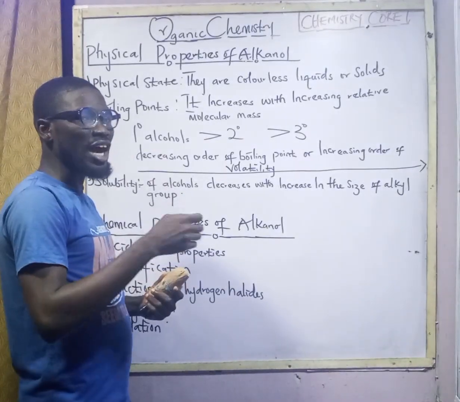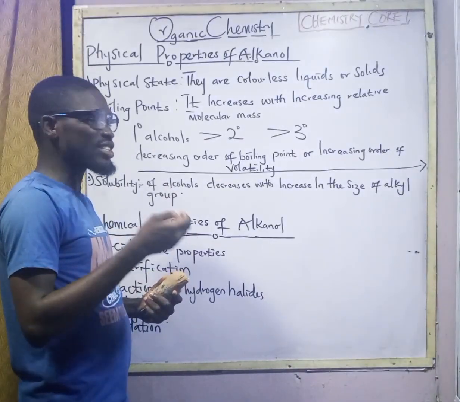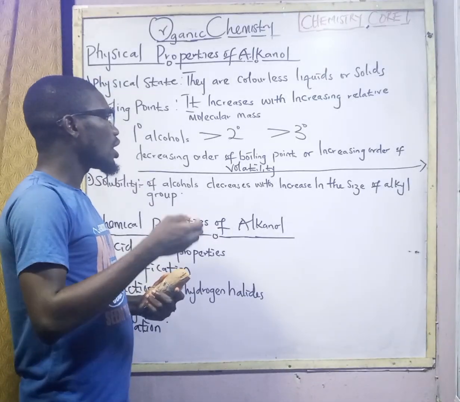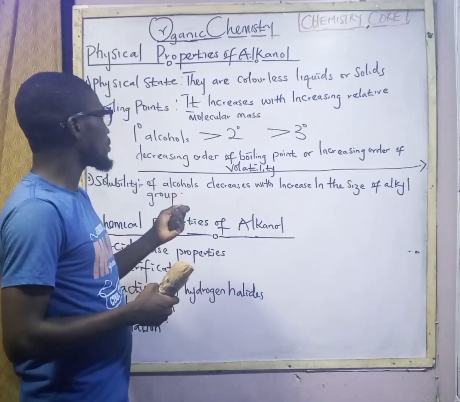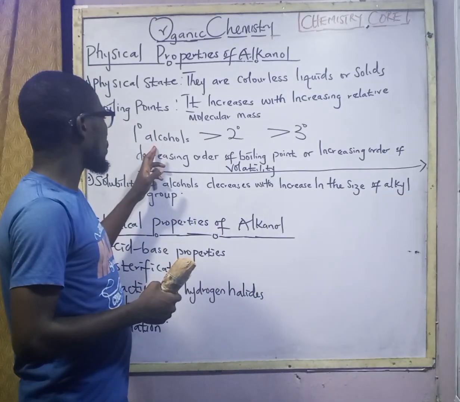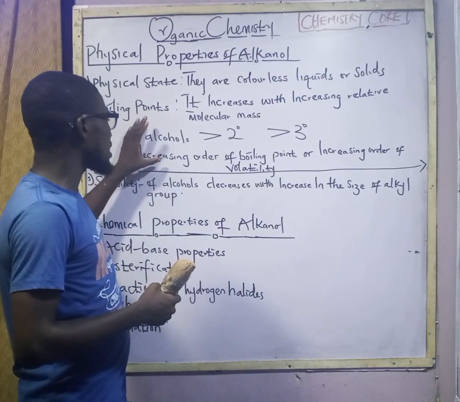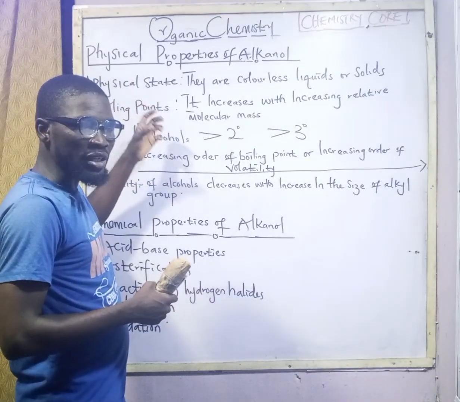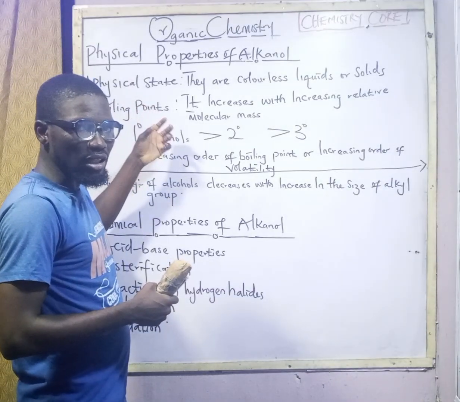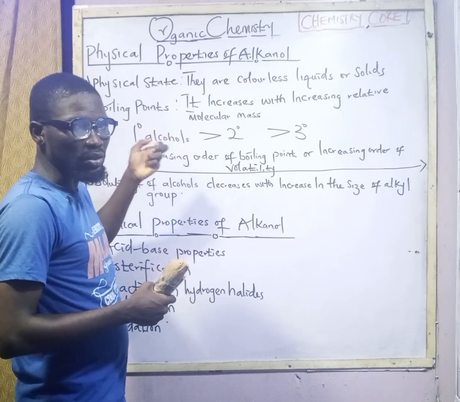So if you are given a primary alcohol, this is how you can easily show the decreasing order of boiling point or the increasing order of volatility.